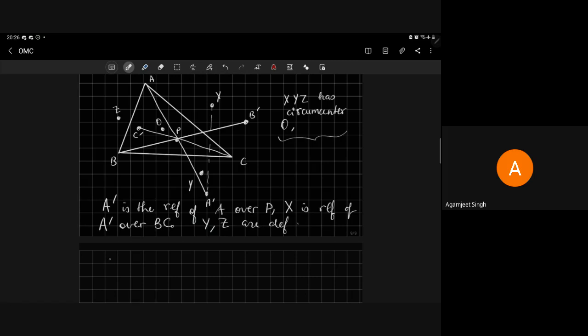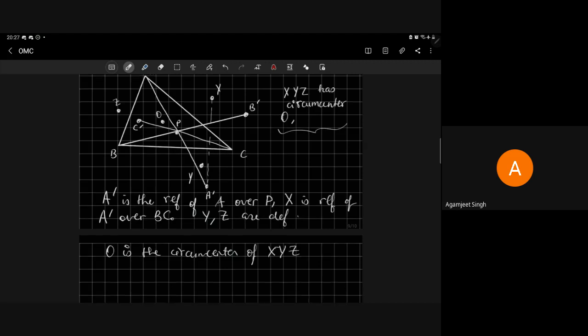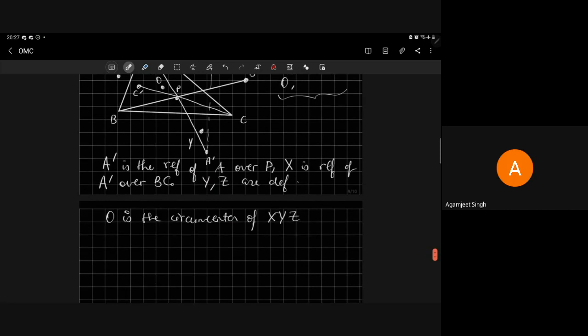So your goal is to show that O is the circumcenter of XYZ. This problem is quite hard, so even if you don't solve it, don't worry. And if you solve it, you are probably very good.